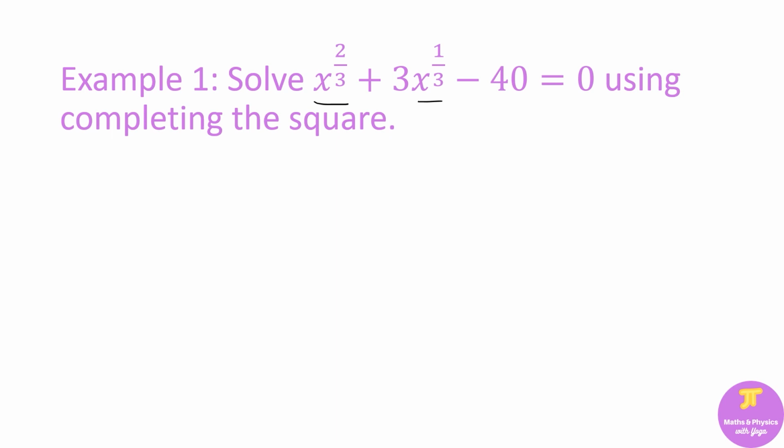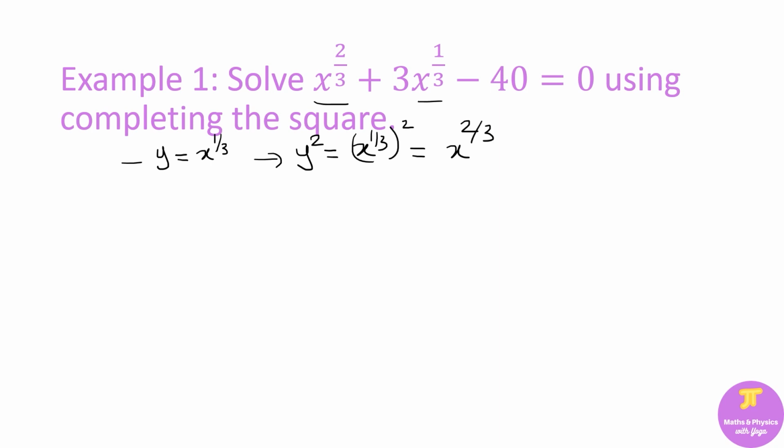If you have a question like this, we need to use a substitution. Let's say y equals x to the power 1/3. What about y squared? Y squared equals x to the power 1/3, whole thing squared. If you remember indices, it's equal to x to the power 2/3.